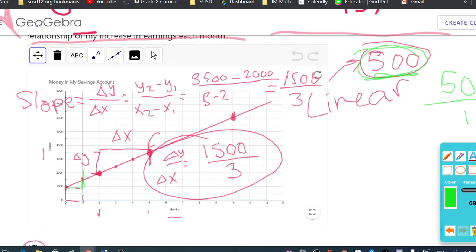Or 500 up over 1, 500 up over 1, and this keeps going. It's the slope of the line. The slope of the line is 500. We can calculate that from points on the graph.